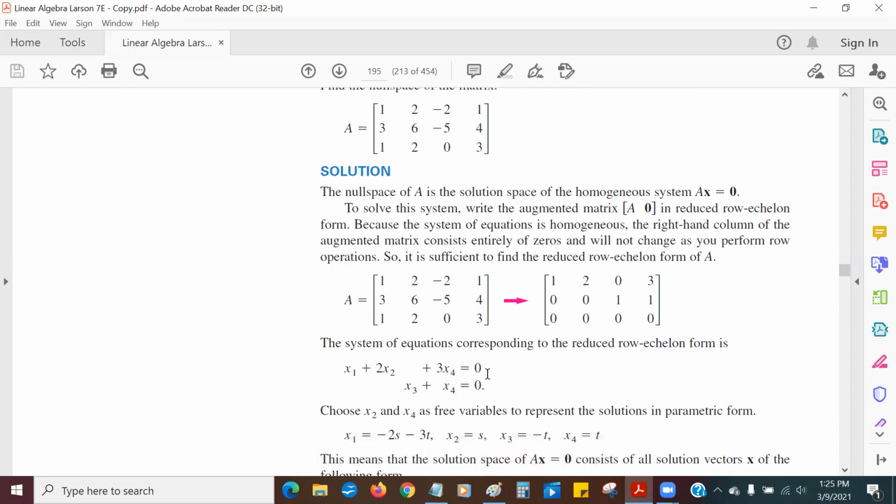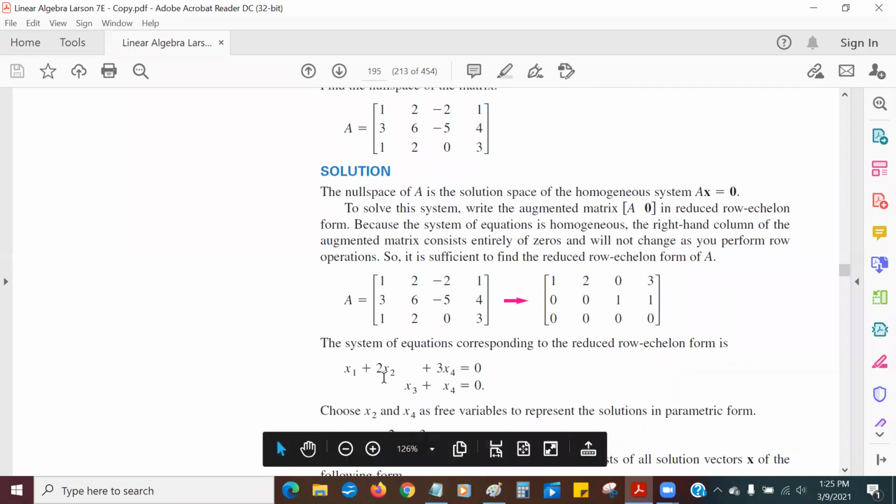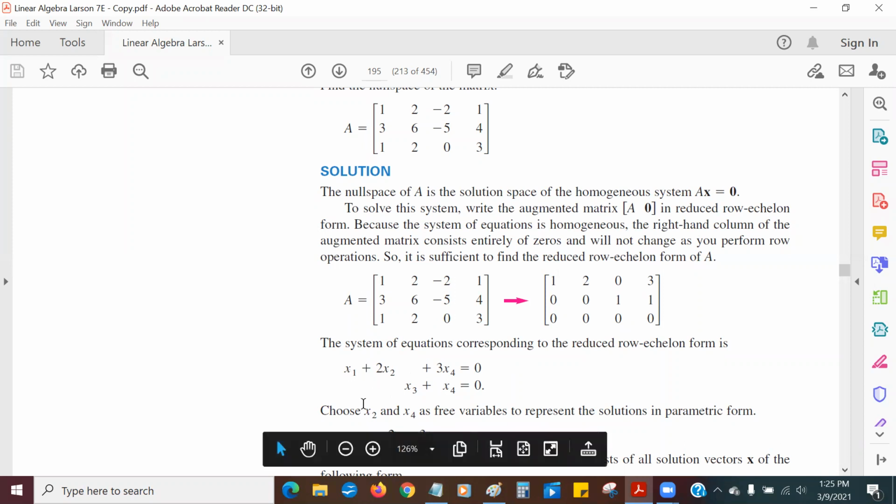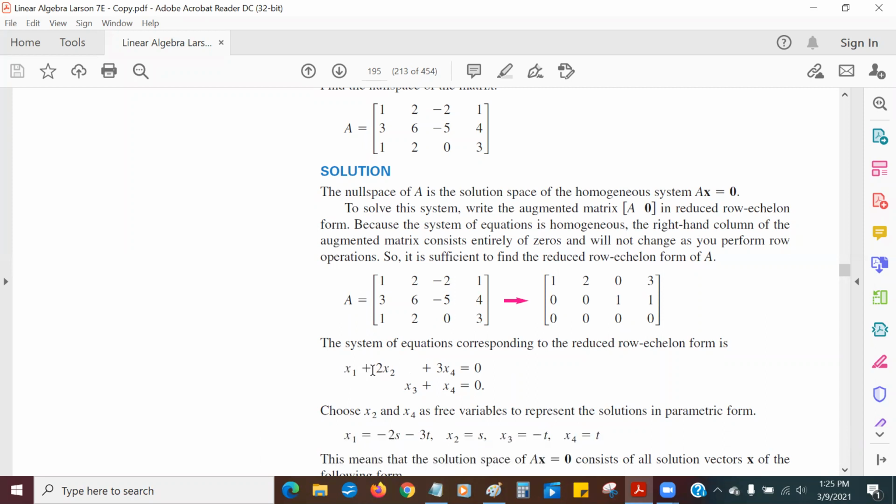Now, we're going to need parameters. And the way to make parameters is we take x2 and x4 to be the free variables, because technically you could make any variable be the free variable, but it's easier if you do not make the lead variable one, but make one of the non-lead variables.